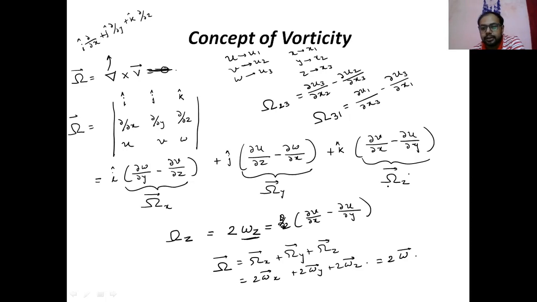And the third portion, the vorticity vector about the xy plane: du2/dx1 minus du1/dx2. You see the second term comes first and the first term comes second.